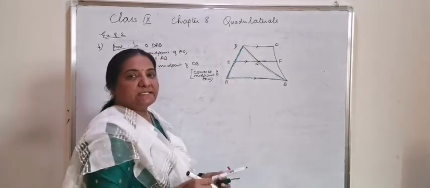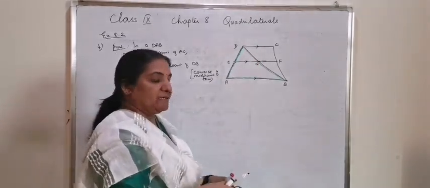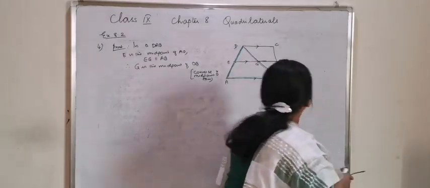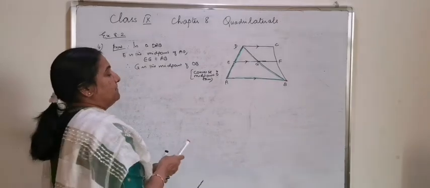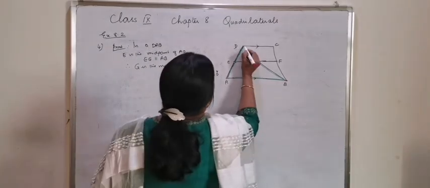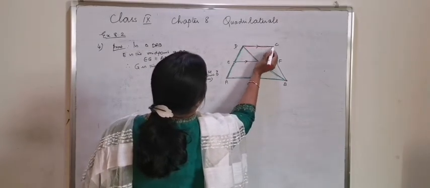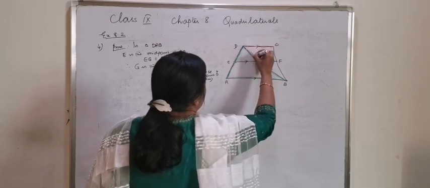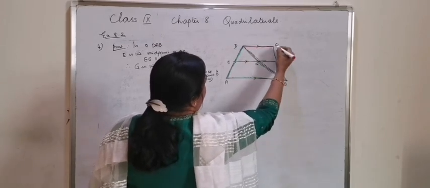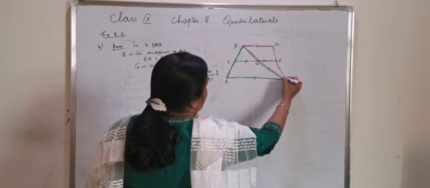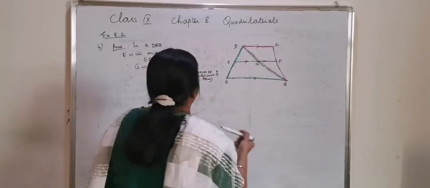Now, which is the triangle you are going to take? The triangle will be triangle DCB. In triangle DCB, the same converse of the midpoint theorem will be applied.